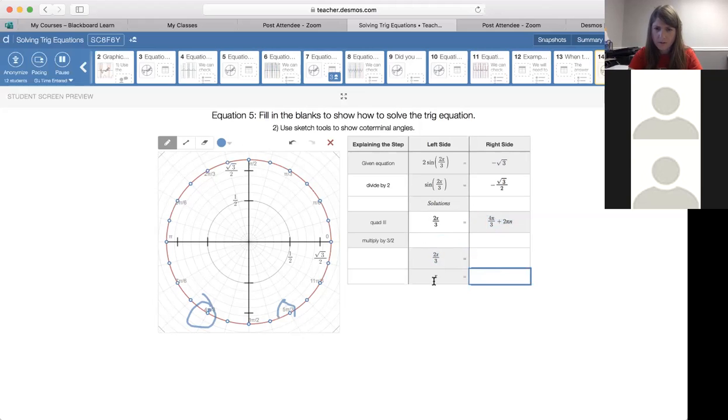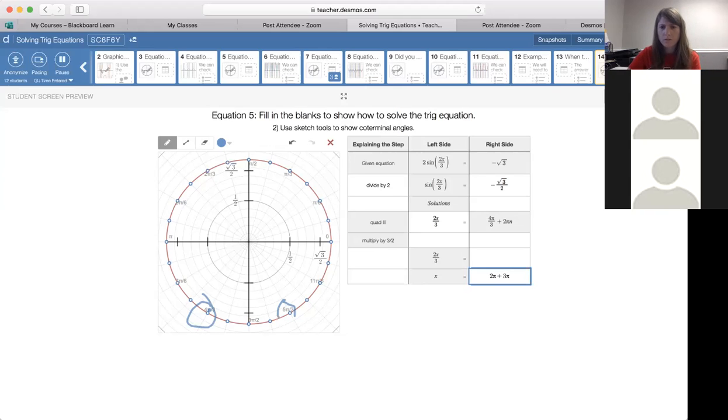So if we multiply by 3 halves, you're going to get x. And then if you multiply by 3 halves here, the 3's are going to cancel, and I'm going to get 2 pi. And then I'm going to do 2 pi times 3 halves.